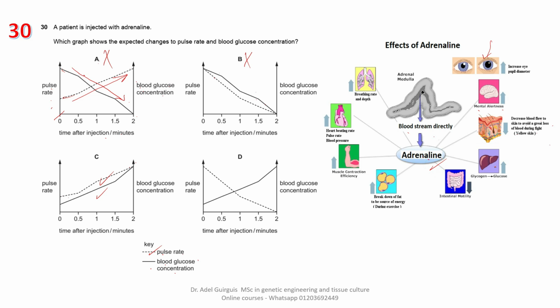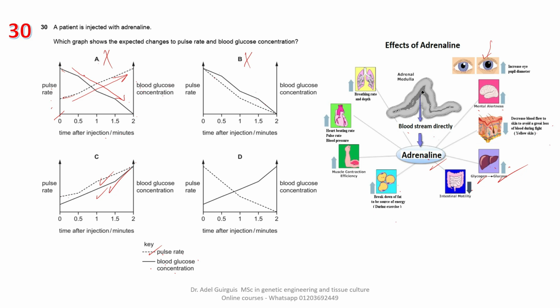The liver breaks down glycogen into glucose, so glucose level must increase. What about intestinal motility? It decreases. No need for absorption or even digestion now. What about fatty cells or adipose tissue? Breakdown of fats provides an extra source of glucose in blood.